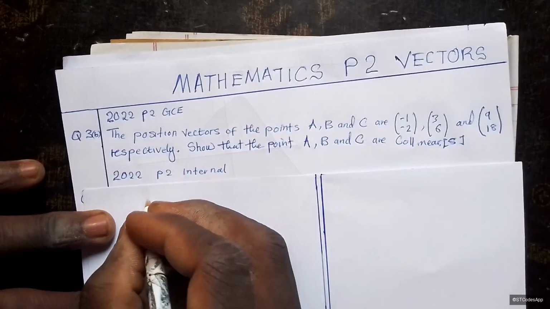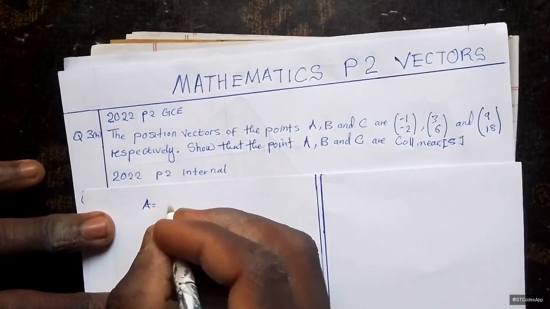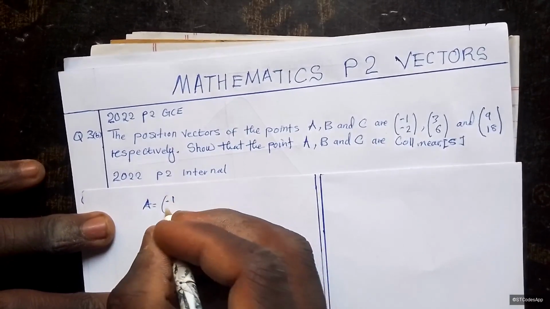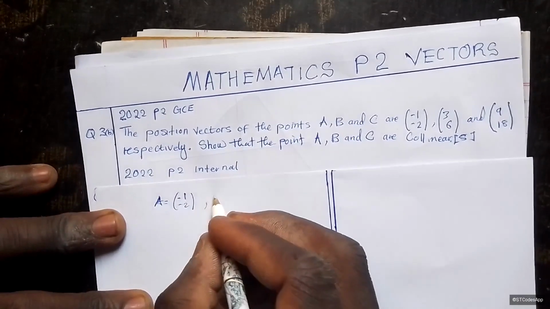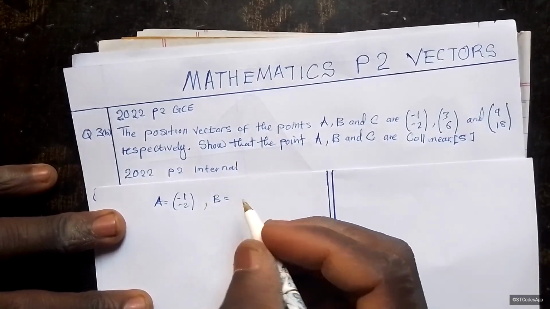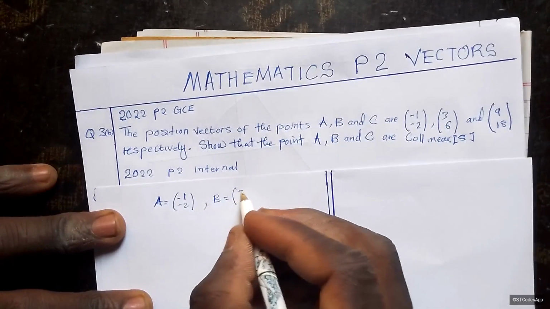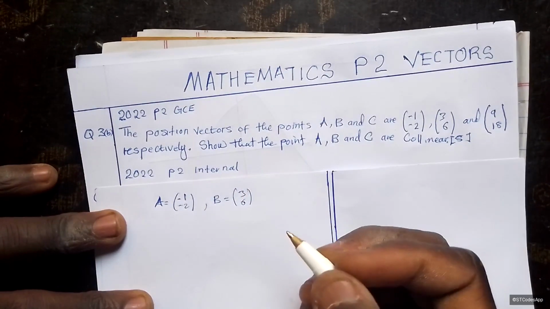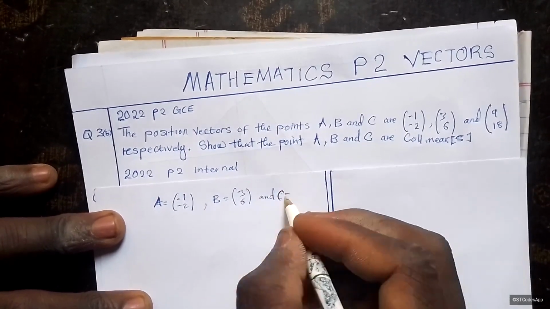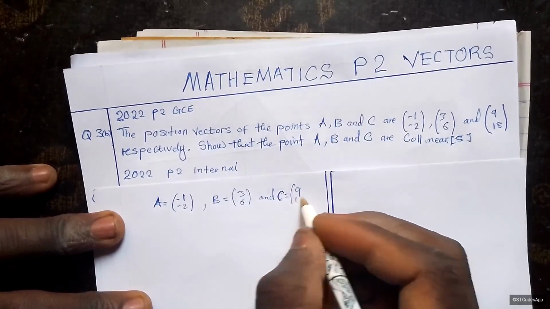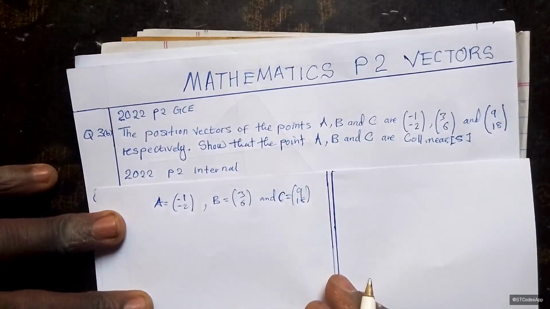So vector A is (-1, -2), vector B is (3, 6), and the last one, C, is (9, 18).